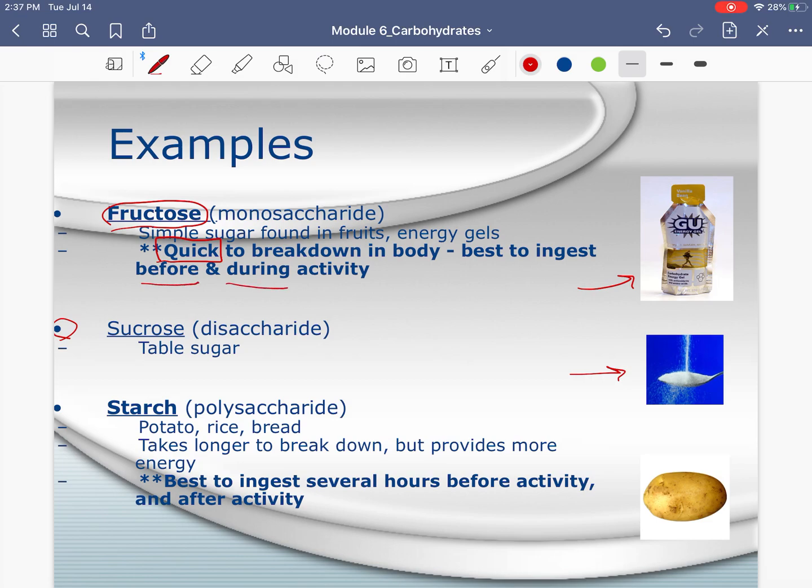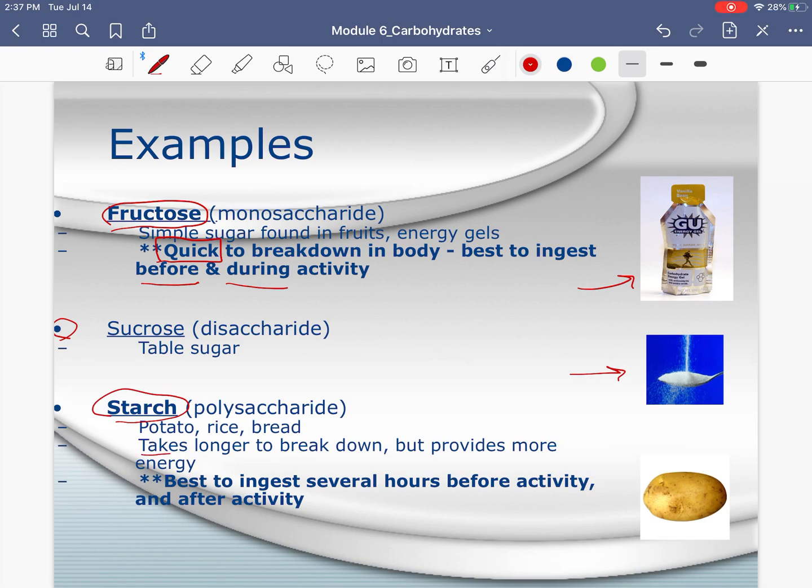A goo packet is something that a marathon runner would probably benefit from, because it gives us a good form of monosaccharide that's easily absorbed and can be converted into quick energy. Some people will take it in right before activity, but it's also certainly an acceptable during-activity food gel. And then starch, which is an example of a polysaccharide.